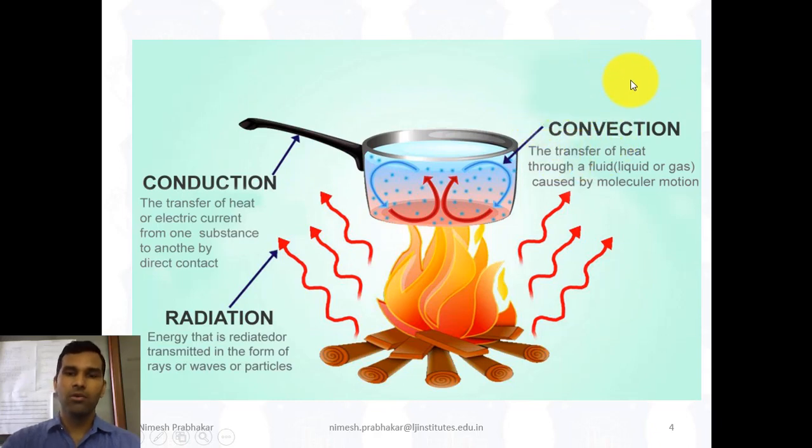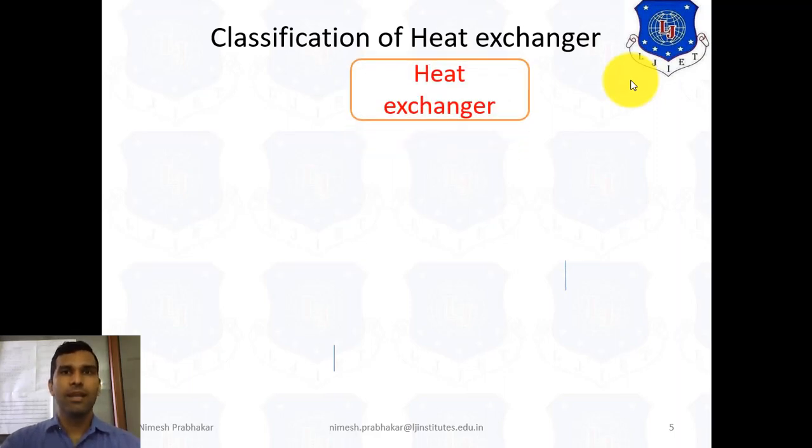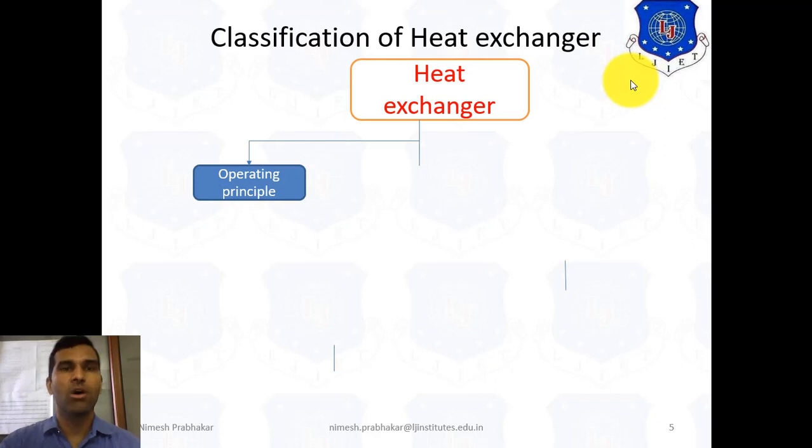Now we see the classification of heat exchangers, or in other words, the types of heat exchanger. Mainly heat exchangers are classified into three categories. First, classification based on operating principle. Second, classification based on arrangement of flow path.